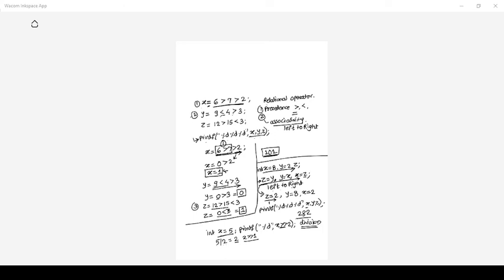Now we want to perform right shifting by 2, so again we divide: 2 is divided by 2, and we get 1. So x right shifted by 2 gives us 1 as our output. So when right shifting is there, you can perform the division.